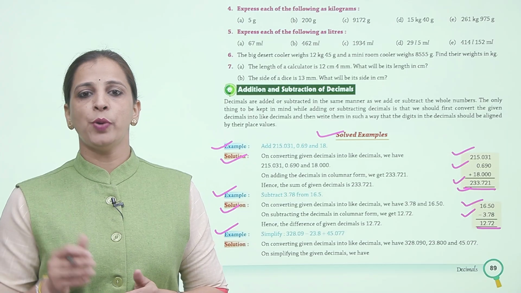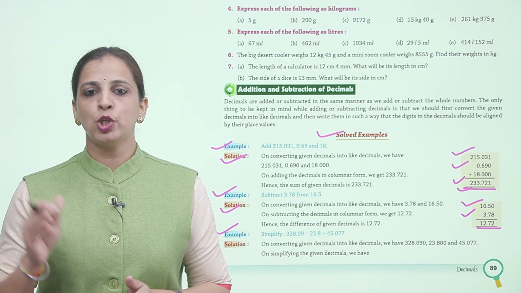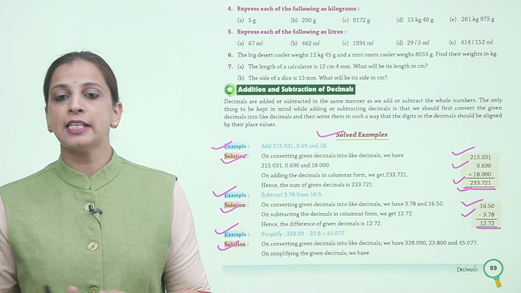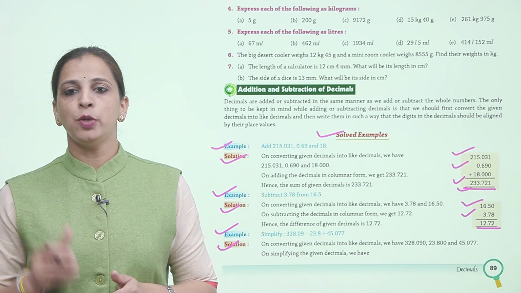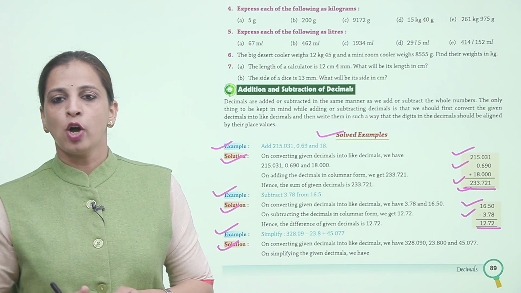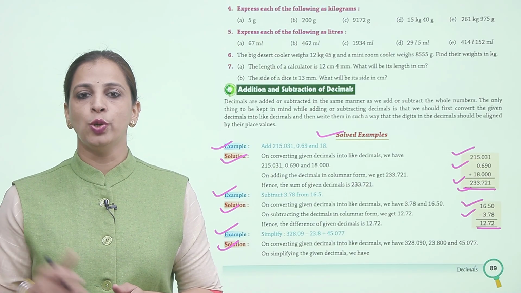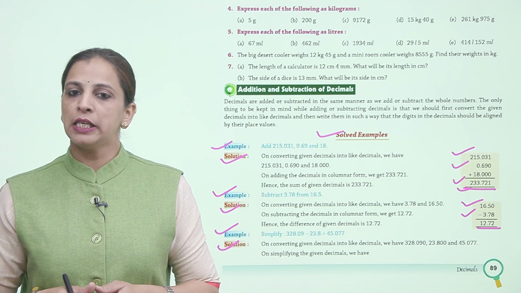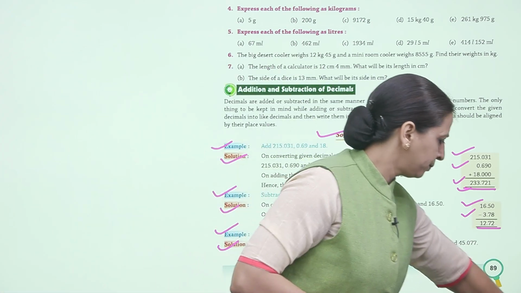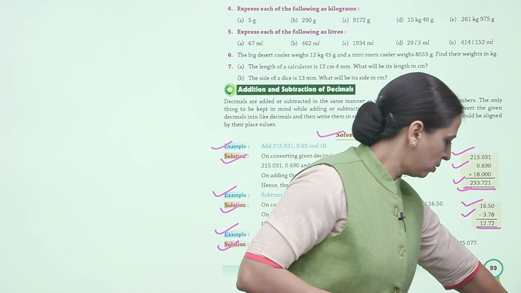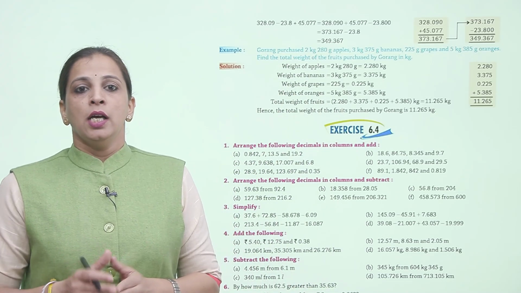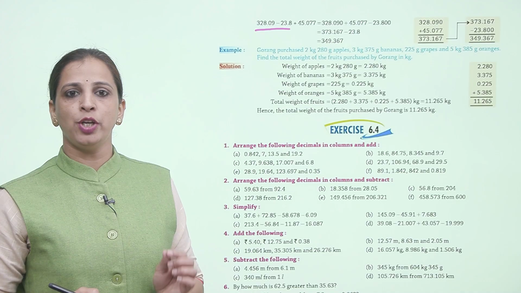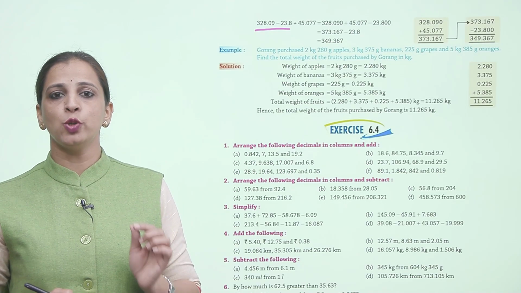328.09 minus 23.8 plus 45.077. Solution: on converting given decimals into like decimals, we have 328.090, 23.800 and 45.077. On simplifying the given decimals, we have 328.09 minus 23.8 plus 45.077.